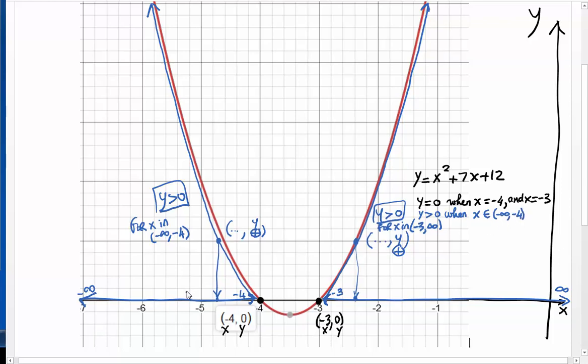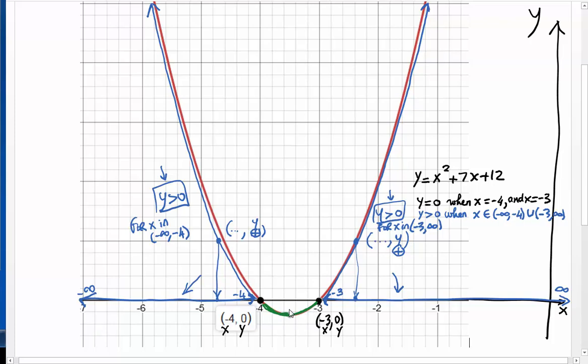And let's not forget, x could be here or x could be there for y to be positive. So we need to put a union here, and then we pick up on the other side with -3 comma infinity.